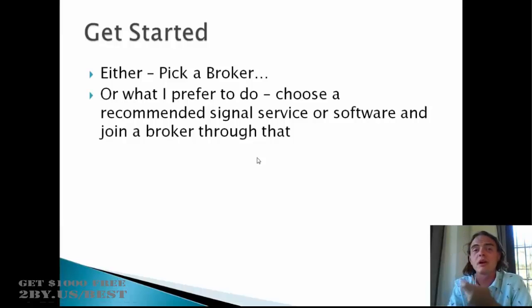So you are effectively paying for that signal service just by joining up to that broker. So you're ending up with a broker and a signal service or software in the very beginning. You're kind of killing two birds with one stone, because most people, once they've got a broker, then start looking for a signal service. So if you just do that in the beginning, then you don't end up with more broker accounts than you initially want, and you're paying for a signal service.